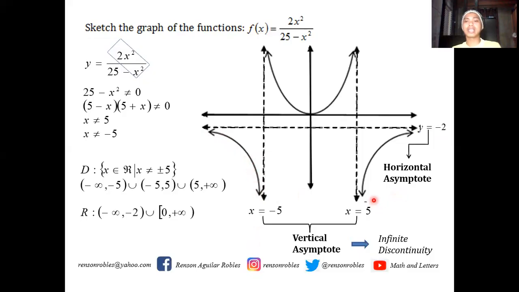On the other side, as x gets larger and larger, going to positive infinity, y nearly approaches -2. And similarly, when x gets closer and closer to 5, your y decreases, going to -infinity.